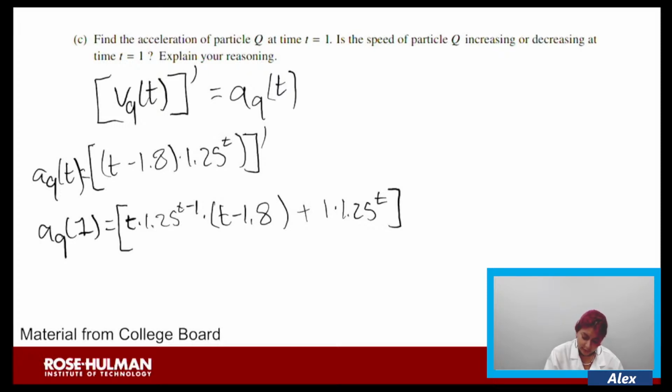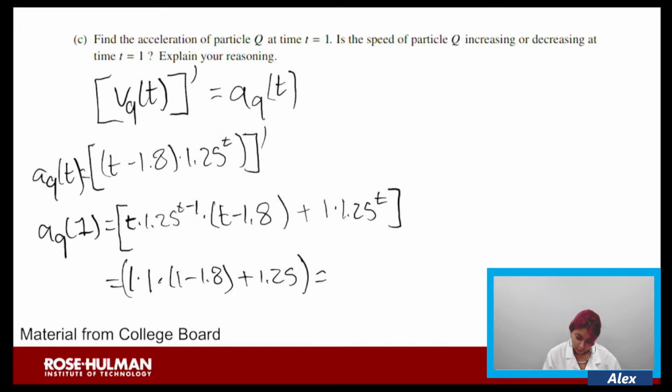Plug 1 into there and you get 1 times 1, because this would be 1 minus 1 is 0, anything to the 0 power is 1, times 1 minus 1.8 plus 1.25 raised to the 1 power is just 1.25. So you'd have an answer of negative.